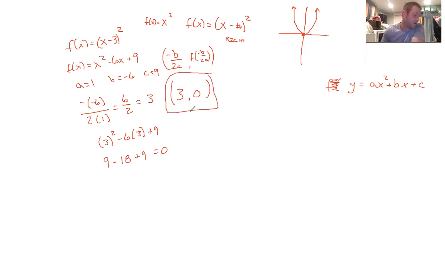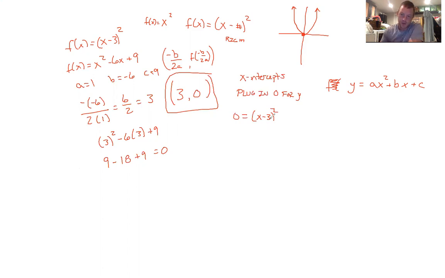Then it says find the x-intercepts. Well, we do the exact same thing as before. Anytime it says find x-intercepts, you plug in 0 for y. So 0 is equal to x minus 3 squared, and then you just solve it out.